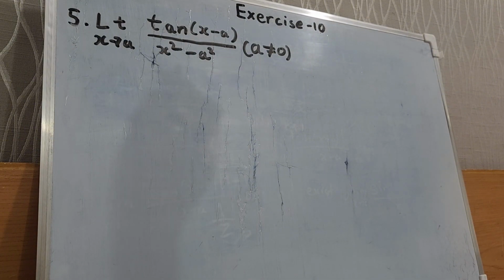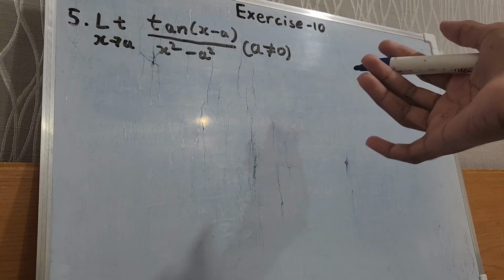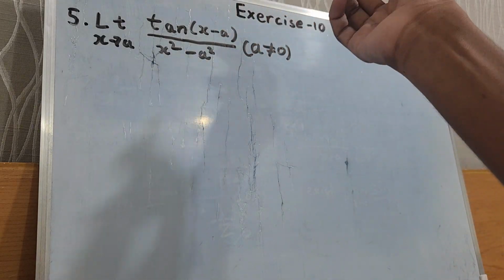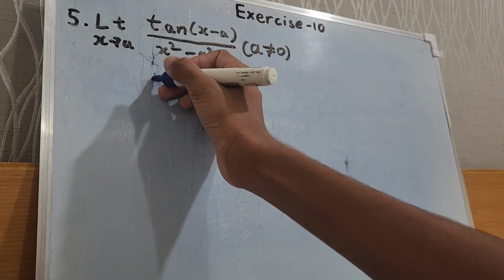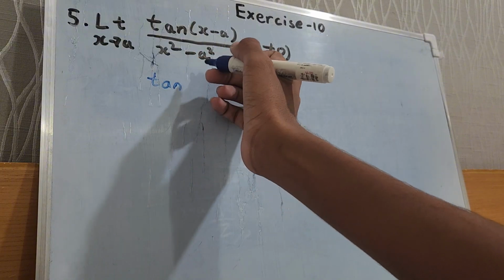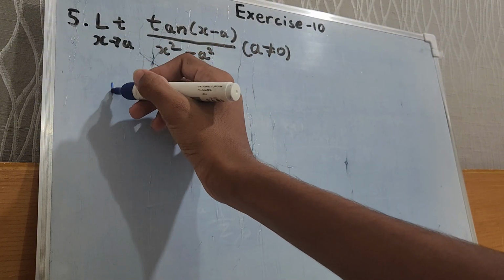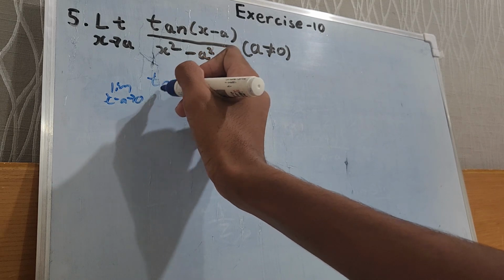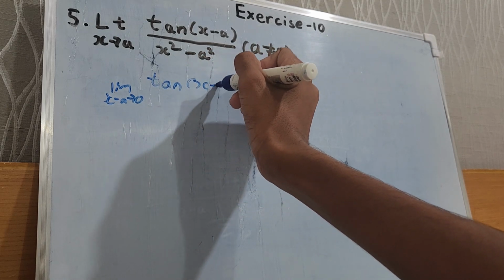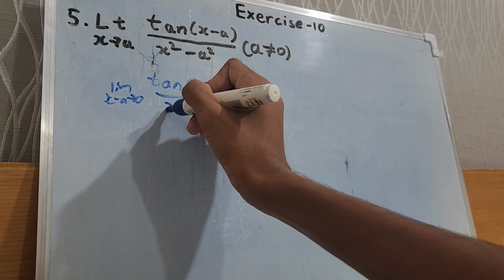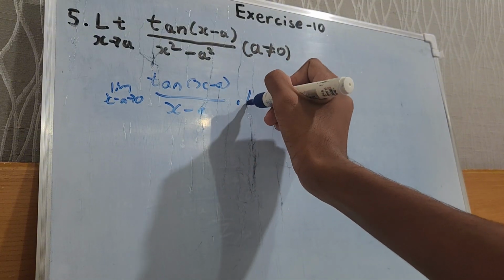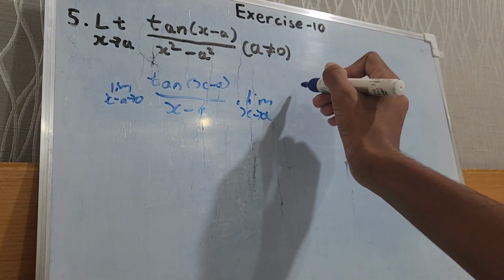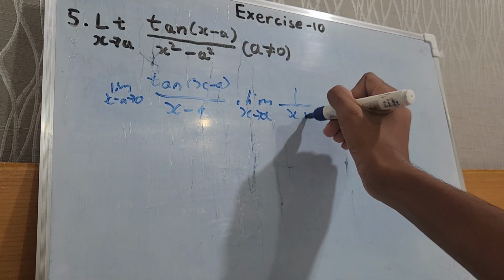Okay, we're on the 5th question. It's the same as the last question, with a instead of 1. This is the same model: put limit x minus a tends to 0, tan x minus a by x minus a, into limit x tends to a, 1 by x plus a.